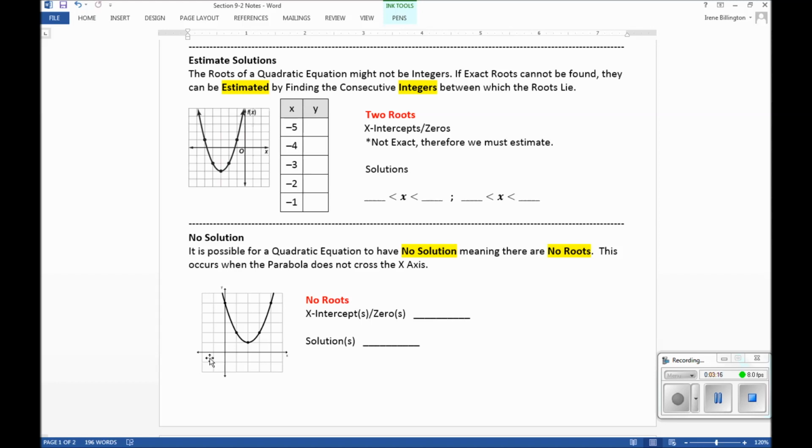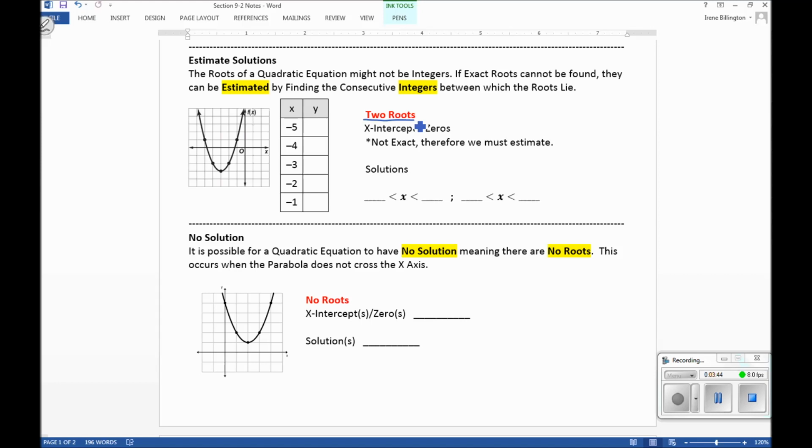So our parabola is not crossing the x-axis at an exact point that I can state. It's not crossing at one of our grid marks, so I don't know exactly where it's crossing the x-axis, but I know that it is. If I look at this parabola, I can see that it is crossing the x-axis twice, so I know that there are two roots.